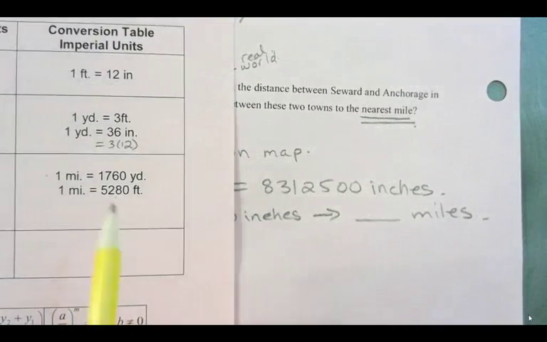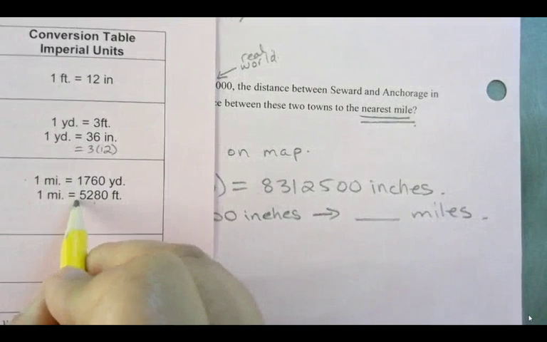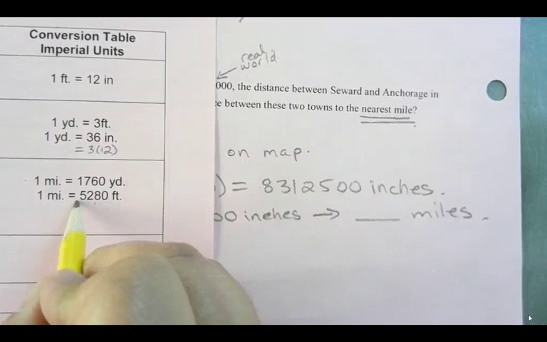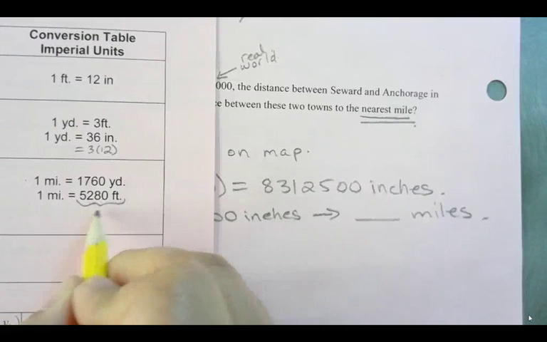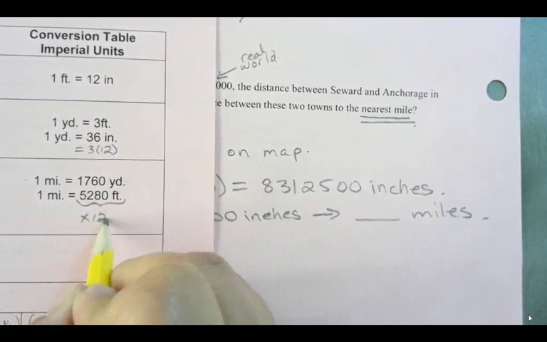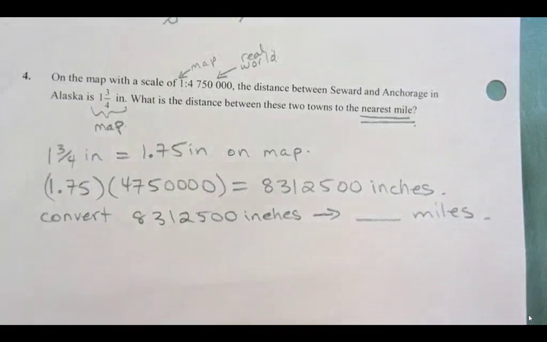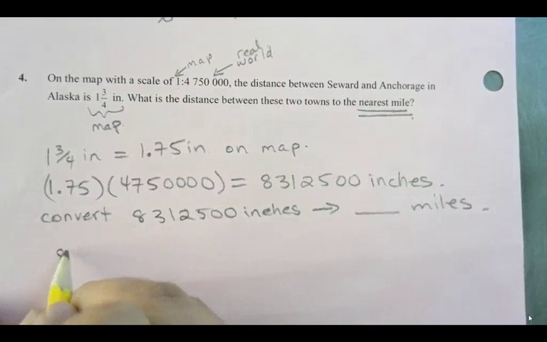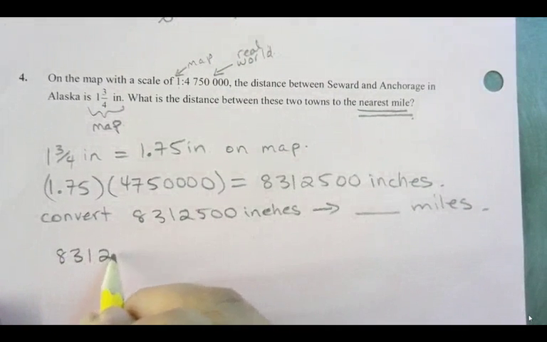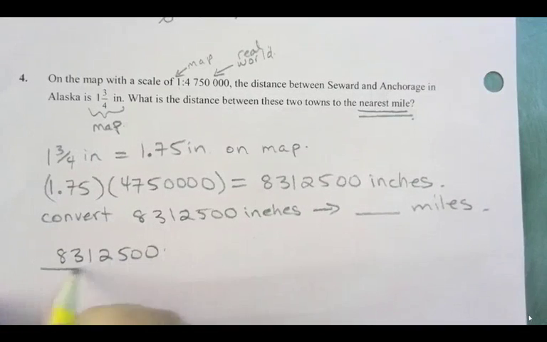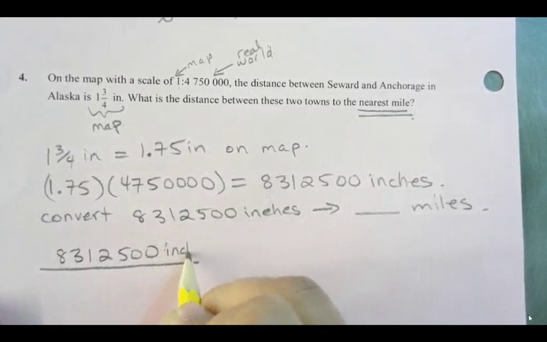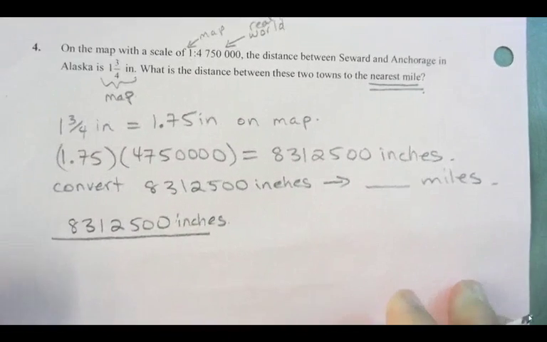Okay, so can I figure out how many inches are in 1 mile? I'd have to multiply this number by 12, and that's going to give me inches, right? Now I can write how many inches there are.